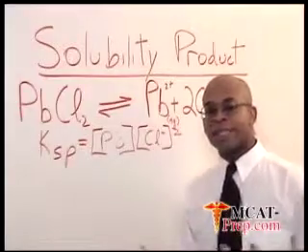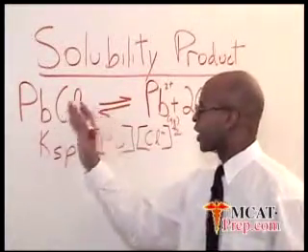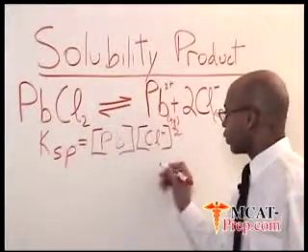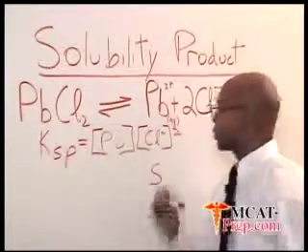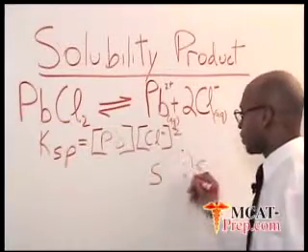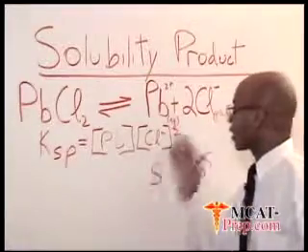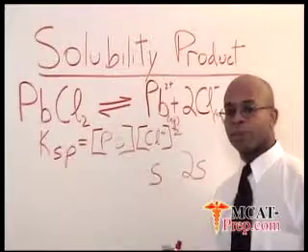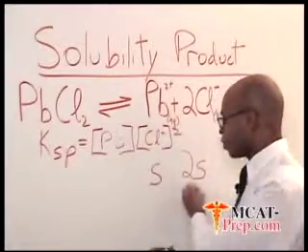Sometimes solubility is symbolized by S. If we were to look at this reaction and talk about the solubility, we would symbolize the lead by S. We'd symbolize the solubility of Cl- as being S, but it would really be 2S, because whatever the solubility of the lead is, there's going to be twice as much Cl- being produced because of the stoichiometry of the reaction. So we have 2S.